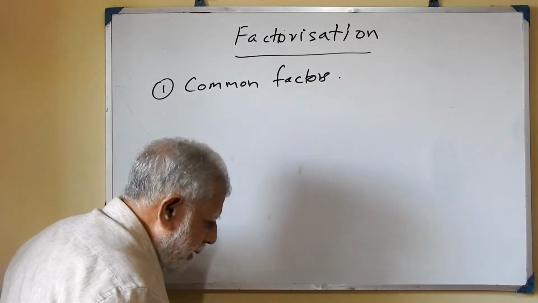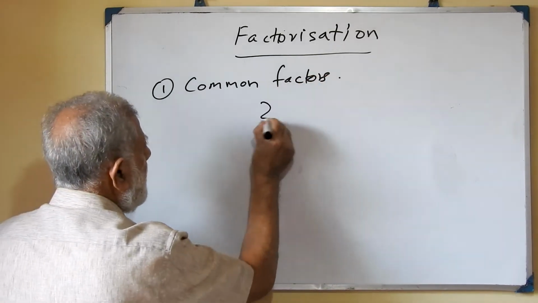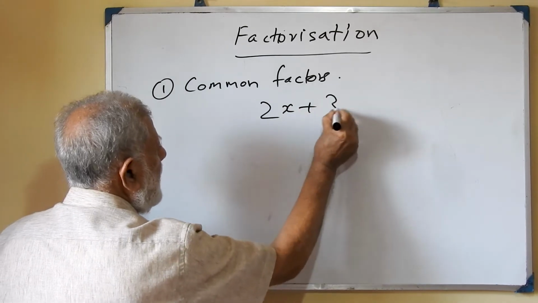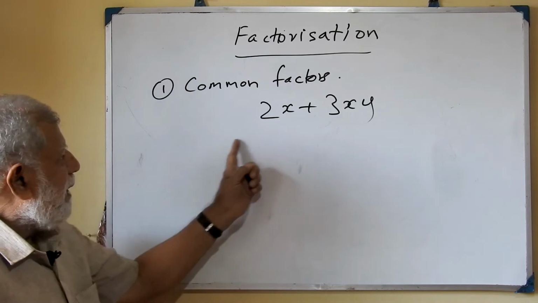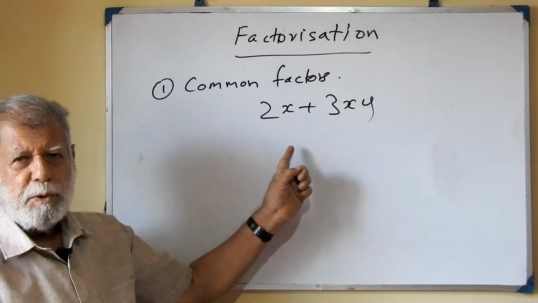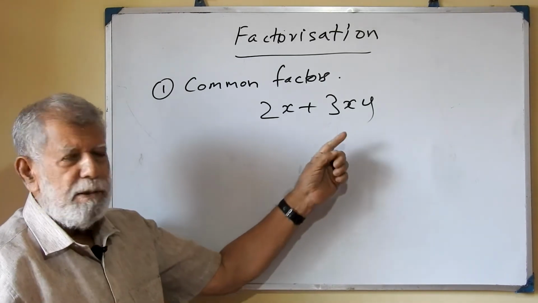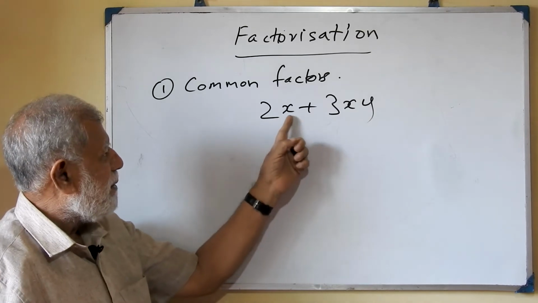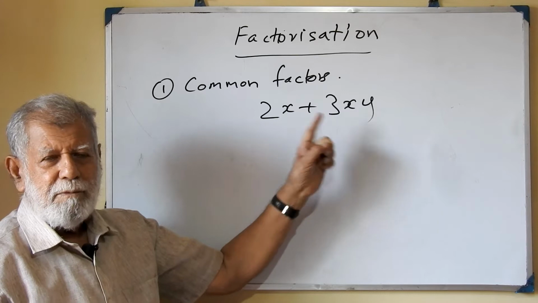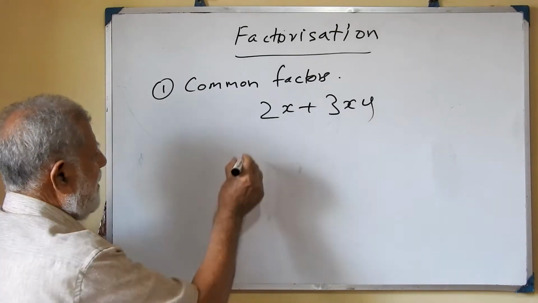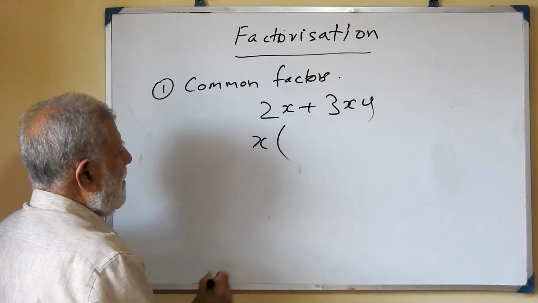I'll give an example. 2x plus 3xy. Now here we have this one expression. Then there are 2 terms in this expression. In these 2 terms you will notice that x is found in both terms. So x is common. So what we do is we take out x and put a bracket.